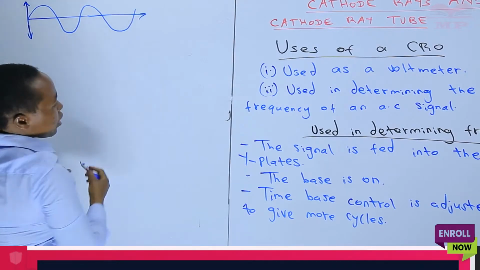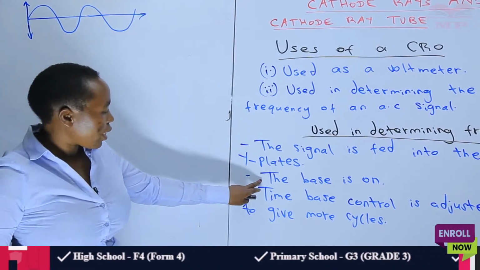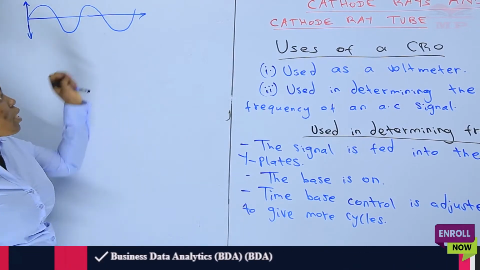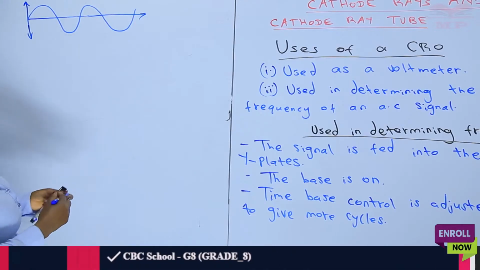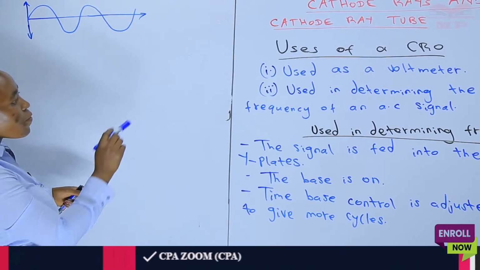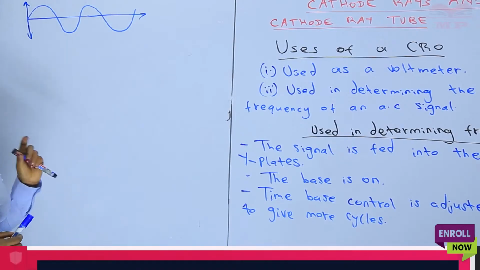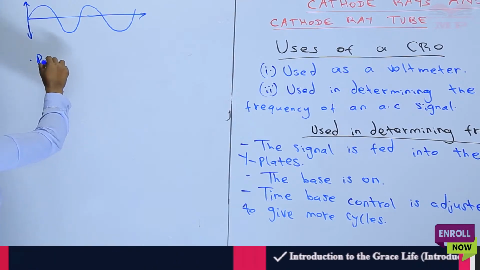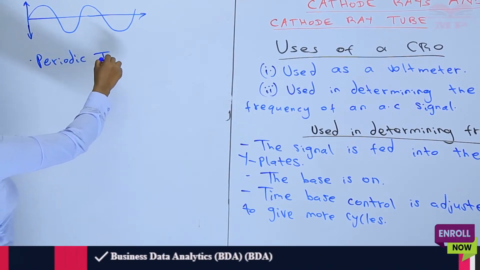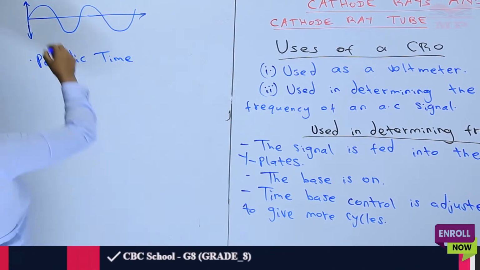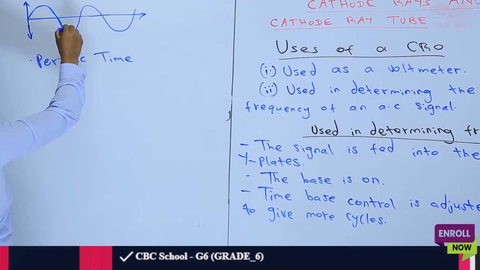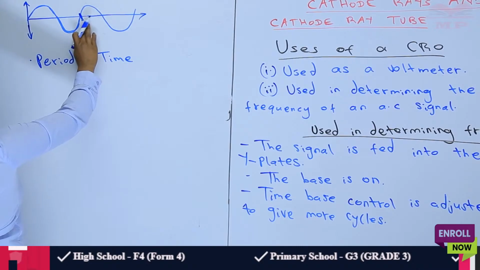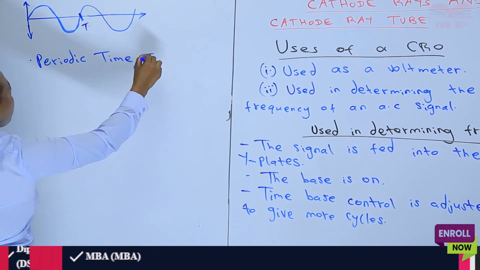So when the time base is on, and this time base control is adjusted to give more cycles, then when we want to calculate the frequency, the periodic time is recorded. The periodic time is the time taken to complete one cycle, represented using a capital letter T.